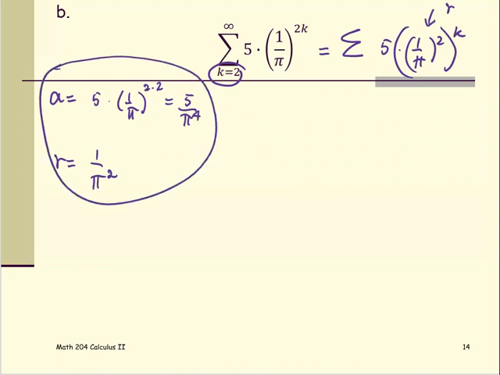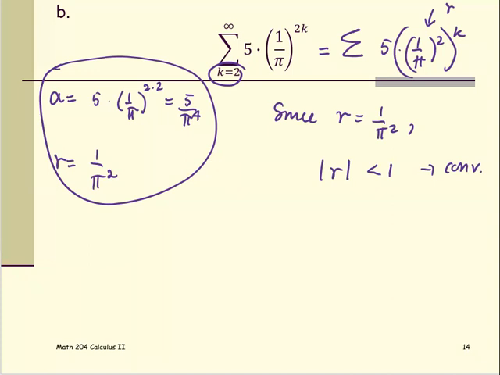Okay, and with these two numbers, we use r to identify whether this series is going to converge or diverge. Since r equals 1 over pi squared, the absolute value of r is less than 1. So we know this series will converge to a certain number, one real number.